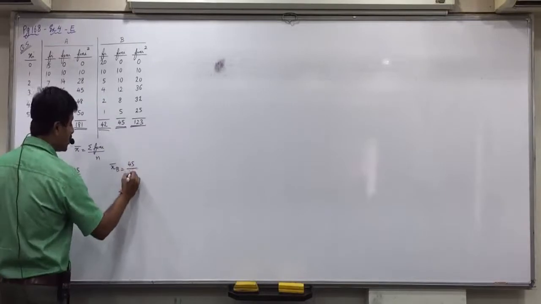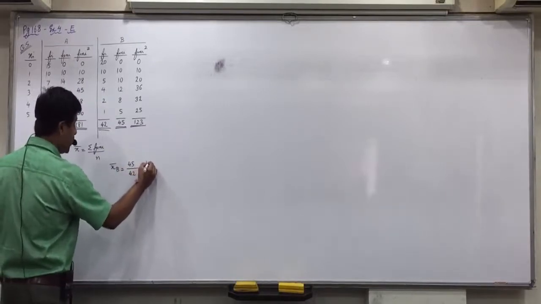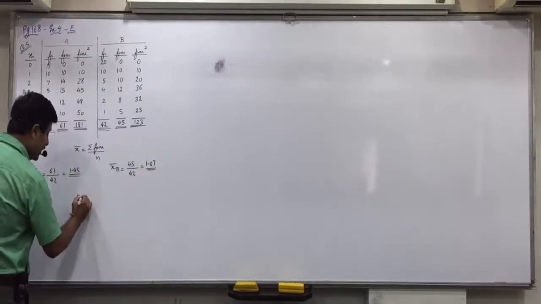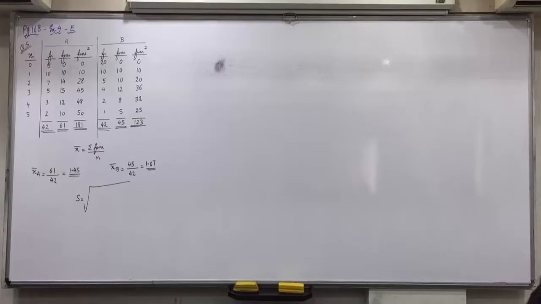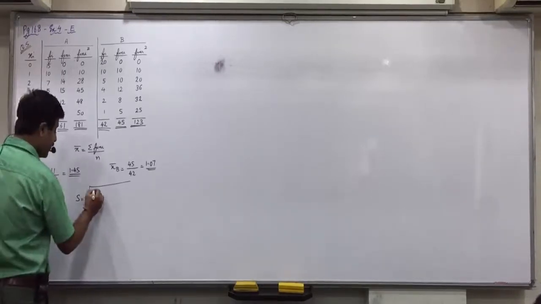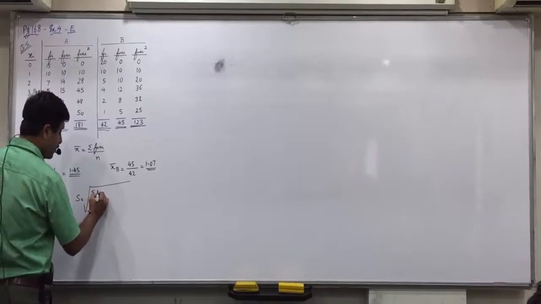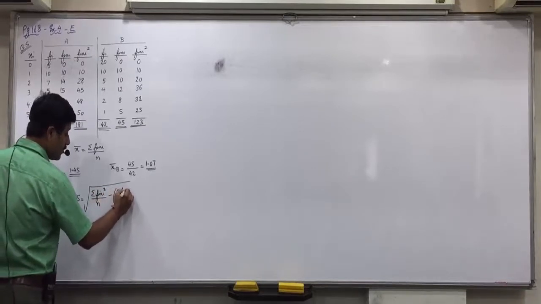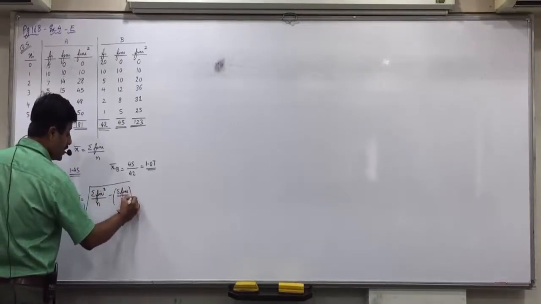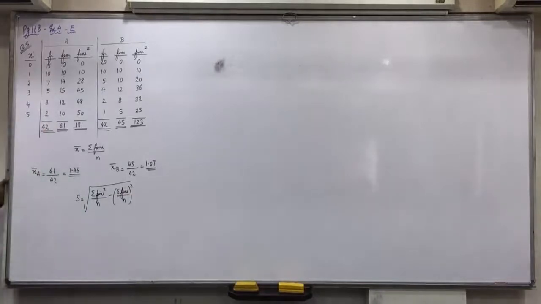N is also 42 here. That is 1.07. Now for the standard deviation of a discrete frequency distribution, we will use the second formula. What is the formula of standard deviation? Sigma fixi square upon n minus sigma fixi upon n the whole square.